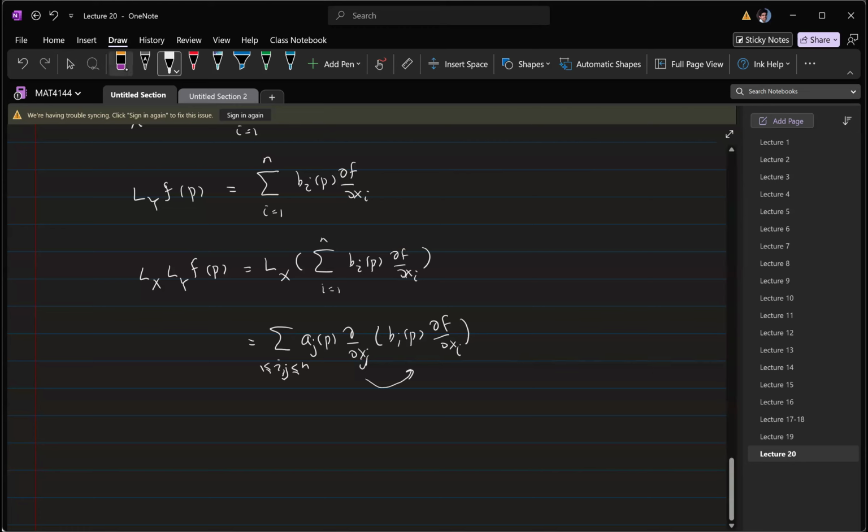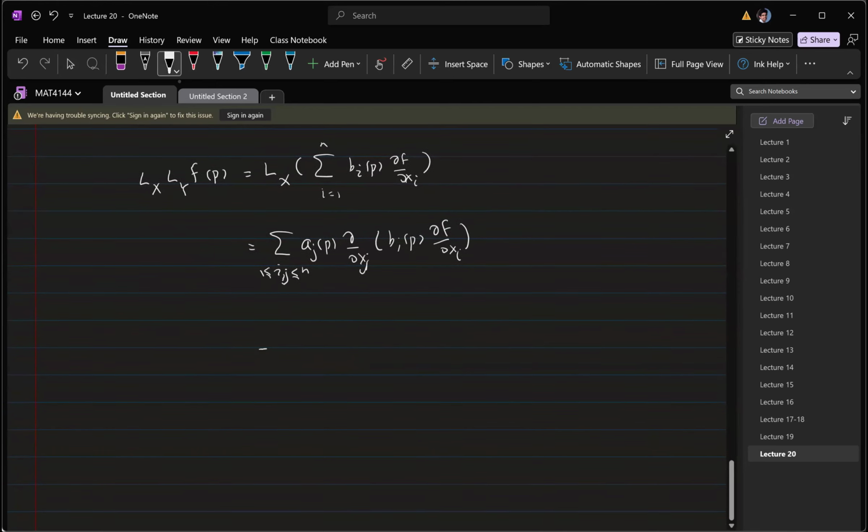Here I use the Leibniz rule, so I can write this as sigma a_jp db_i/dx_j of p times df/dx_i of p, plus sigma a_jp b_ip d squared f/dx_j dx_i.